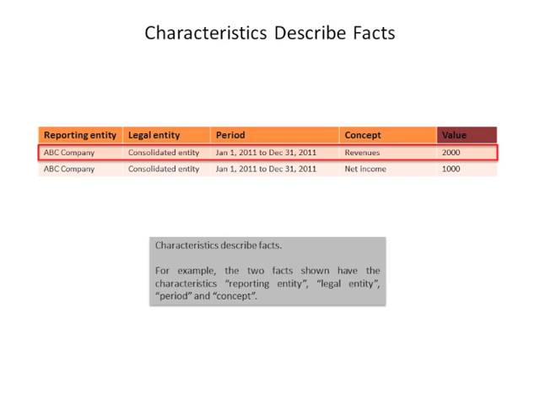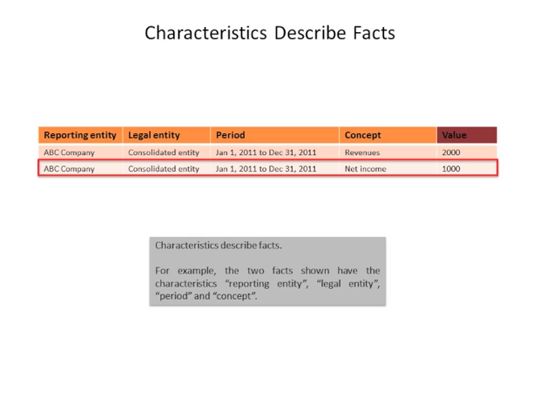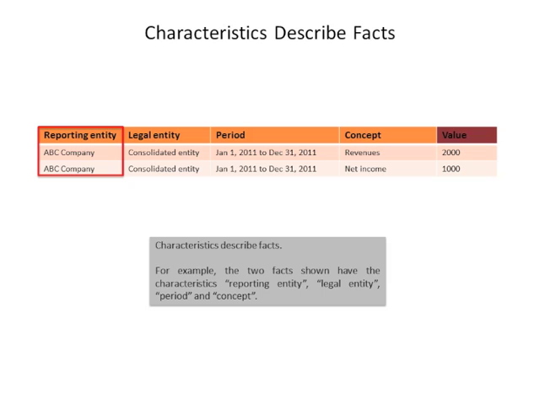So we have fact number 1, which has a value of 2,000, which is a concept of revenues, and fact number 2, which has a value of 1,000, and you can see there the concept is net income. You can see that both of these facts have the same reporting entity. Both facts have the same legal entity.